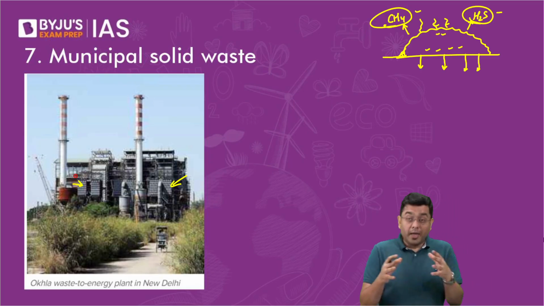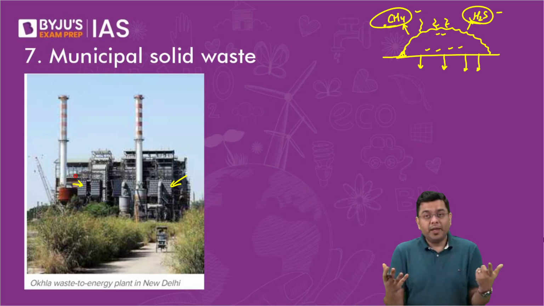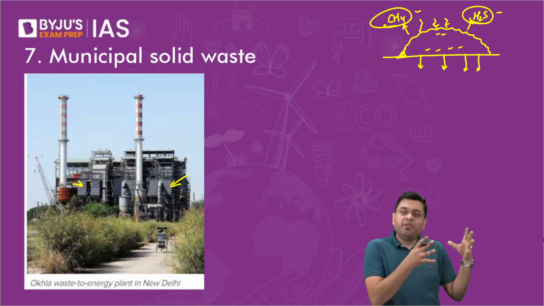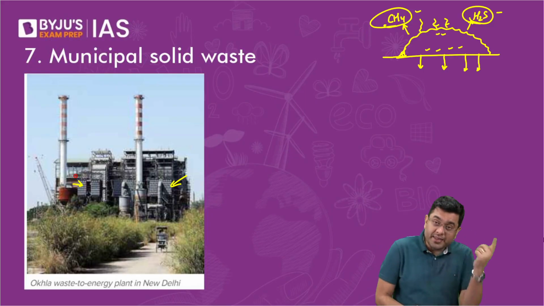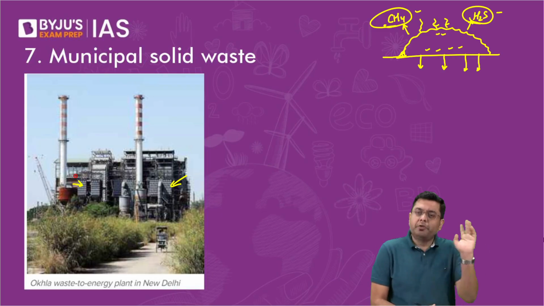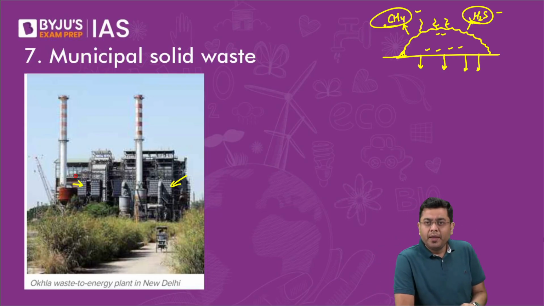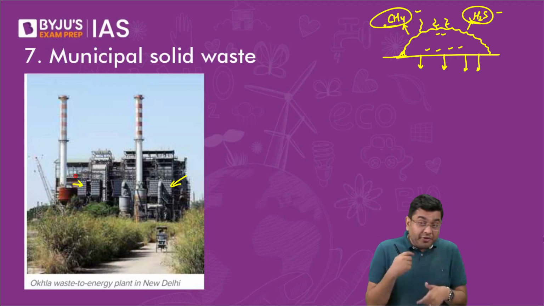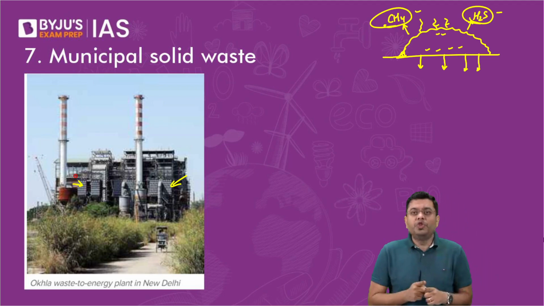So the government said, okay, we will make some modifications and then operate the plant. Next year, as they operated the plant, the Supreme Court again ordered the shutdown because it was again found to be very polluting. It is only very recently that this plant has been allowed to function, after spending multiple hundreds of crores. But you have to understand that waste to energy is the future.